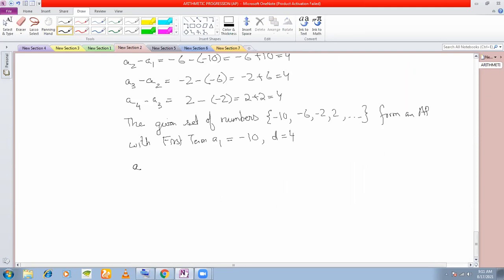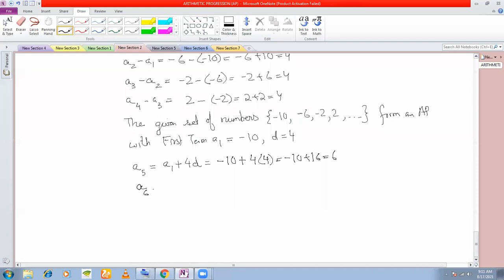So A5, the fifth term. The fifth term must be A1 plus 4D, right? So this is, put the value of A1. A1 here is -10 plus 4 into 4, which is -10 plus 16, which is equal to 6.